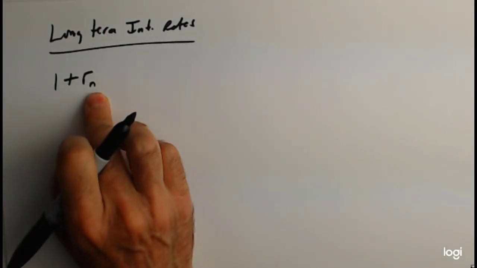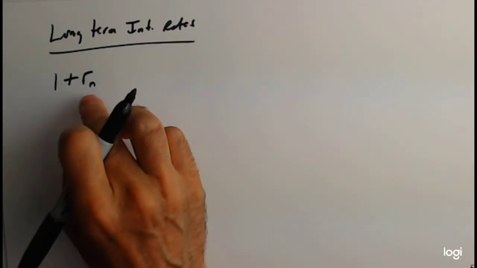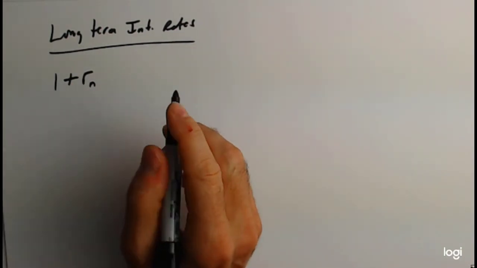And then it's an average of all of those expected future spot rates, which we call forward rates. What does that look like? Well, it looks like this mathematically. R to the n, where n is a large number, because we're looking at a long-term interest rate. Think of it as being 10, 15, 20 years.